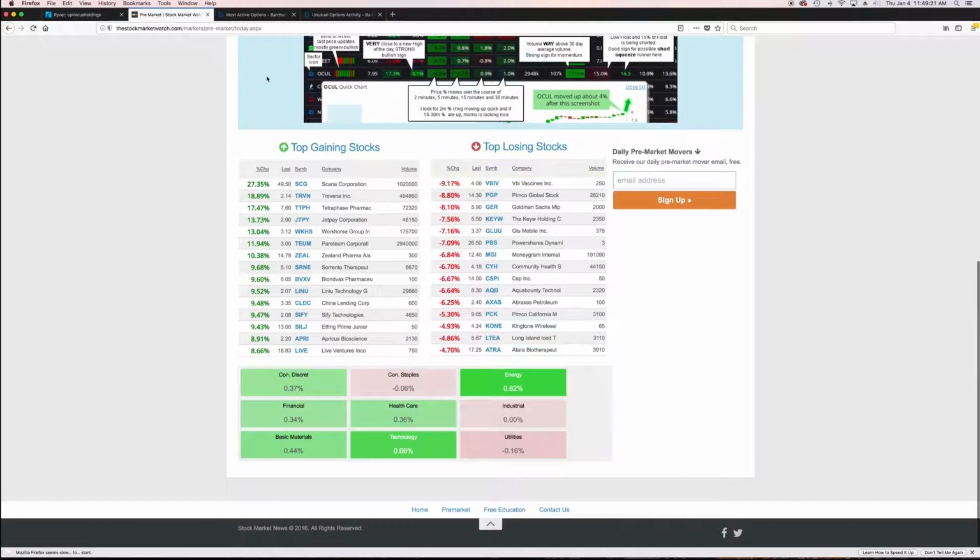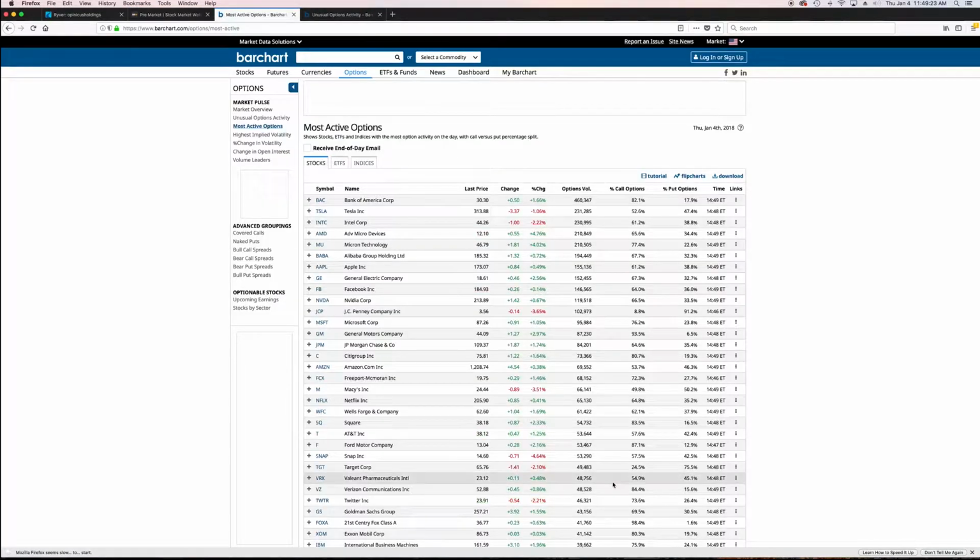So if that doesn't work out, I'll look at most active options on Barchart. This shows you all of the top options volume tickers out there for the day, which is really nice. And you can see some of the kind of recurring names that I already mentioned: NVIDIA, Apple, BABA.